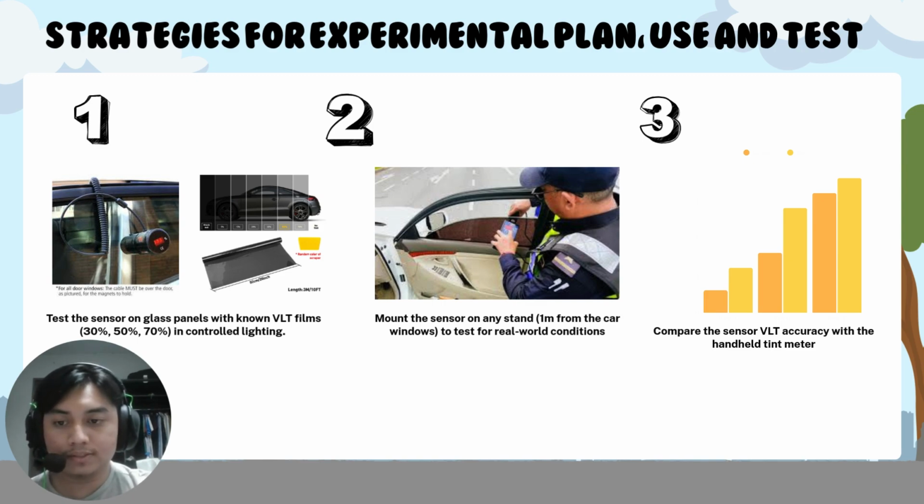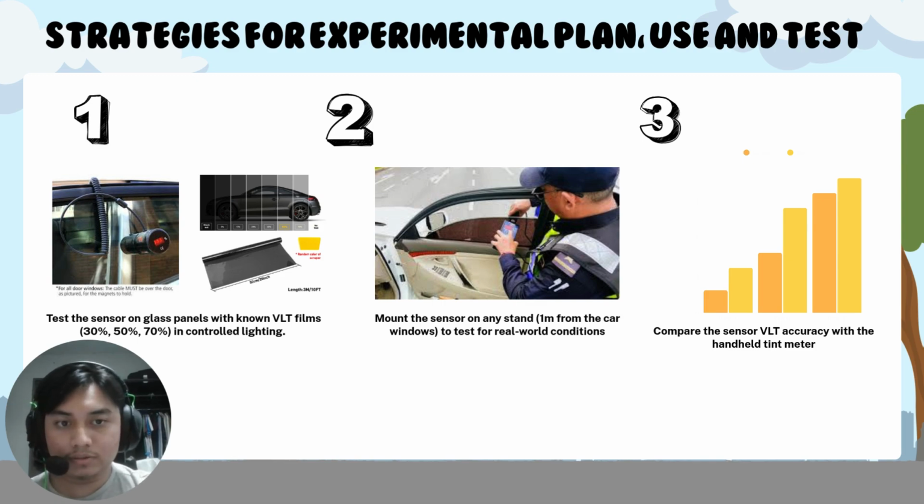So when to use is when doing the roadblock. But before that, we need to test. We need to put the sensor on the stand. I recommend 1 meter from the car windows to test for the real-world condition. Then if it works, we can proceed to the main event.